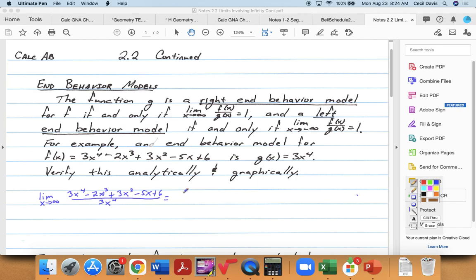So this will then be the limit as x goes to infinity. And I'm just going to do the division. 3x to the fourth over 3x to the fourth is 1. Minus 2 over 3x, plus 1 over x squared, minus 5 over x cubed, plus 2 over x to the fourth.